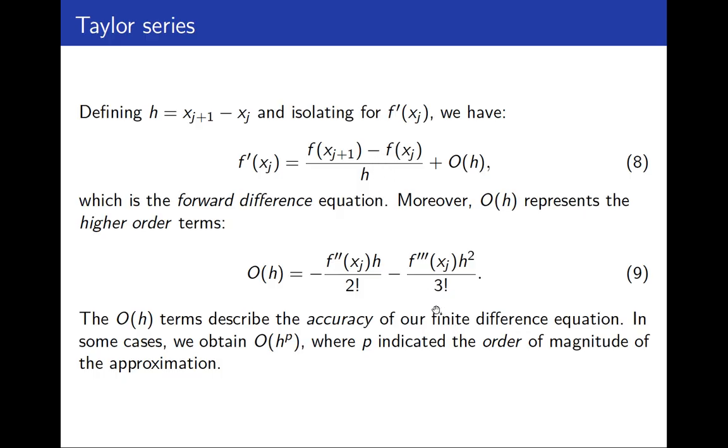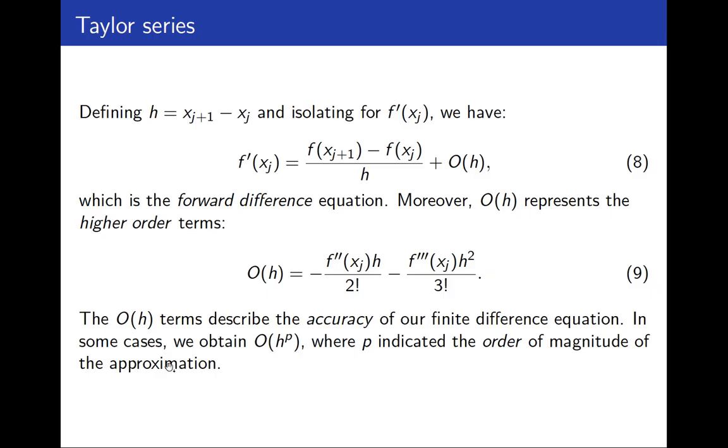For instance, if h is small, say 0.1, this term that involves the third derivative of the function f is going to be very close to 0, but this term is going to be non-zero. That's why we say that this whole equation is of order h, because by ignoring this term that is non-zero, we will get a not so accurate value of our derivative.